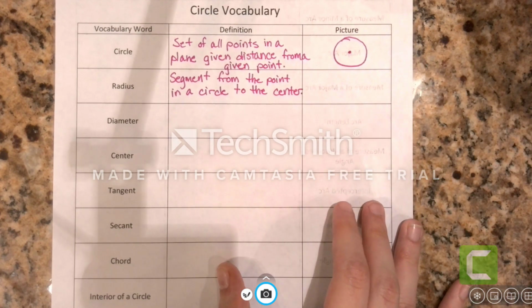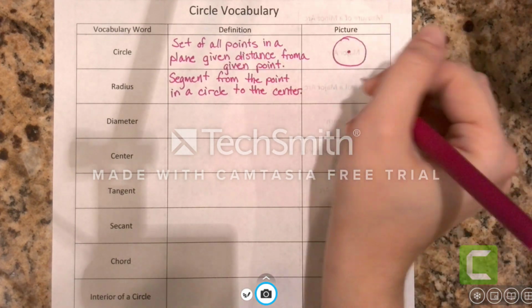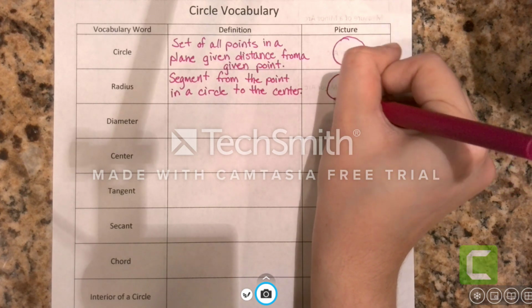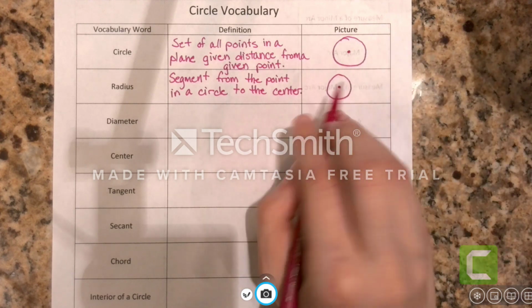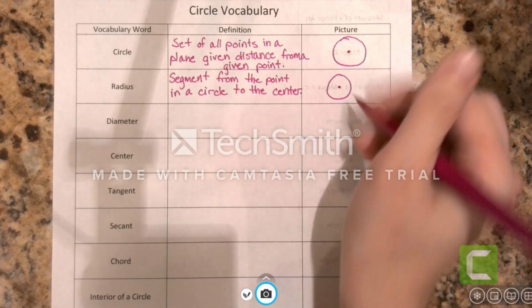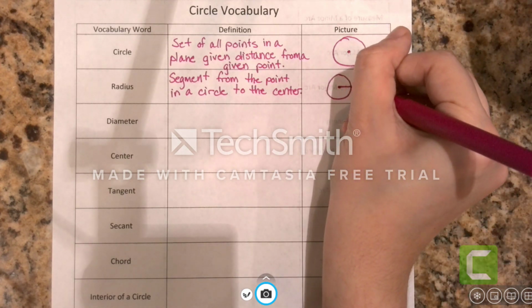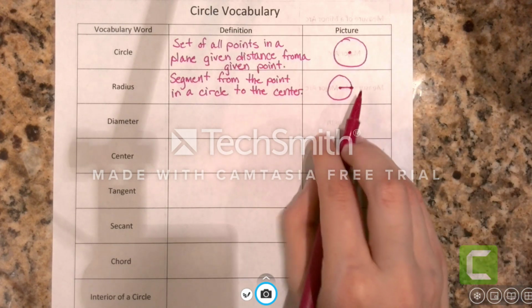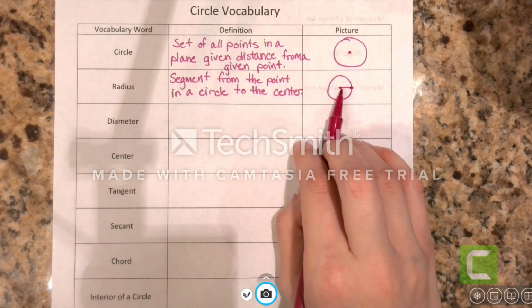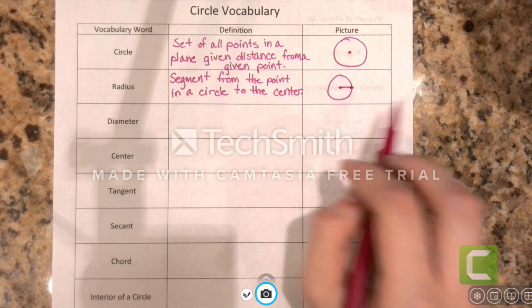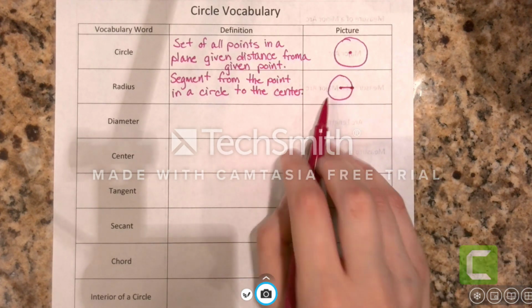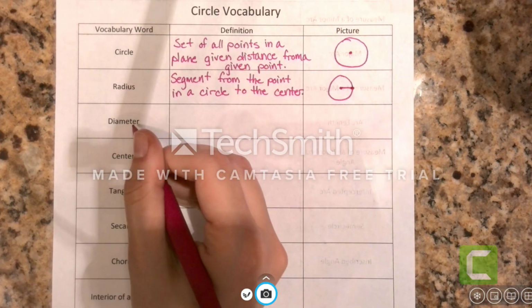Now, when we refer to the radius, and I'm sure many of us have seen it before, we're referring to that small segment going from the center of your circle to any point on the edge of your circle. So it has to connect from the center point to the edge of your circle, but it won't go all the way across. If it goes all the way across, now what we're going to be looking at is a diameter.